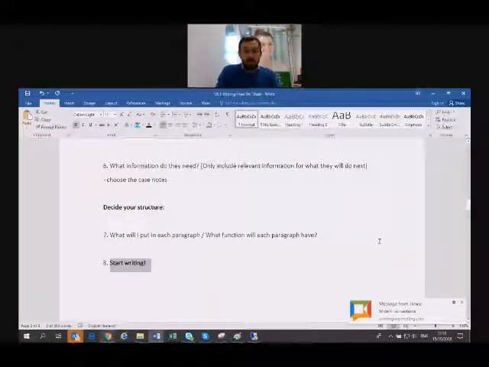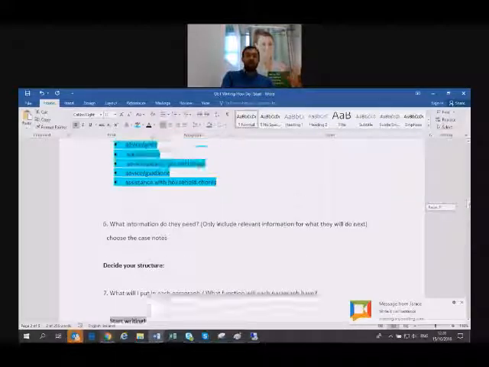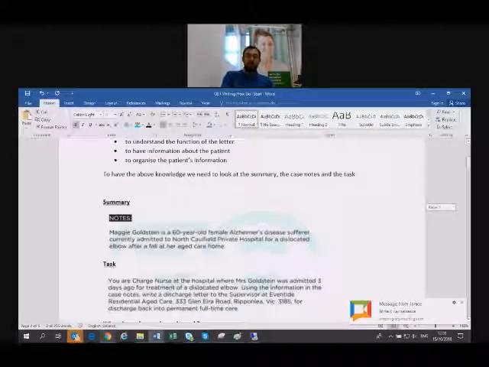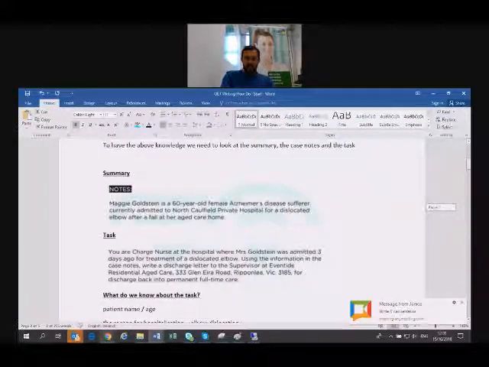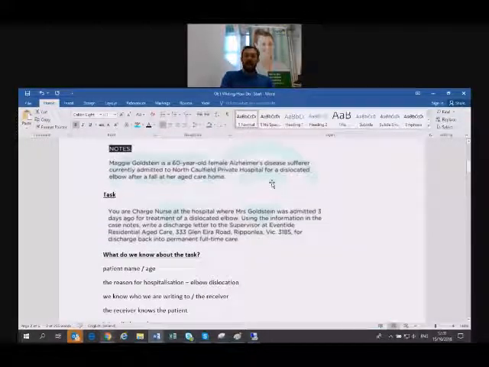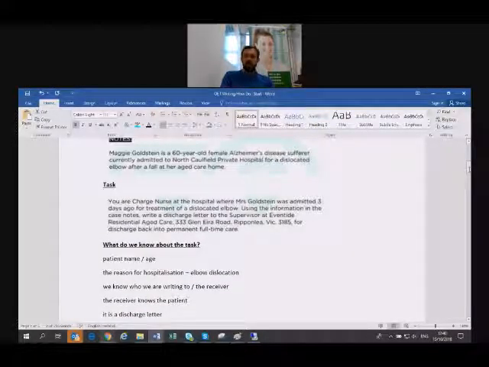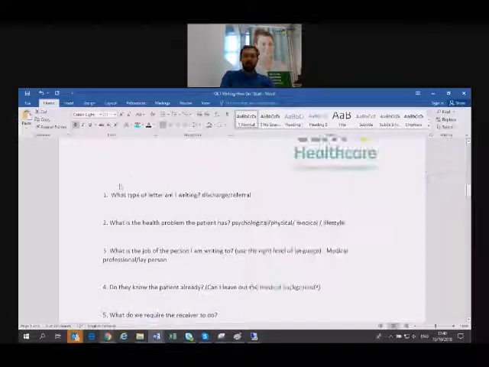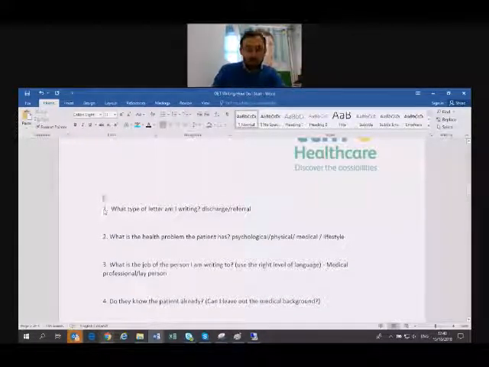Start writing, that is absolutely it. So what we've done is, we've gone from having a set of case notes, we've had a look at the summary at the beginning, we've had a look at the task, we've gained all of this information just from looking at those things. Then we can go and have a look at these questions. So I would say that these are essential questions.